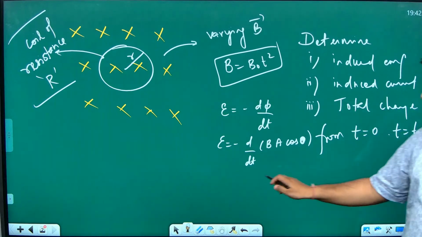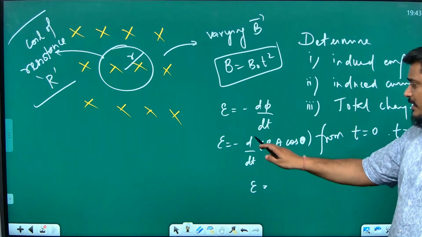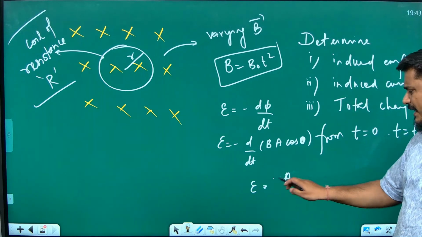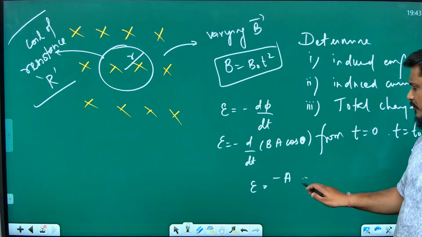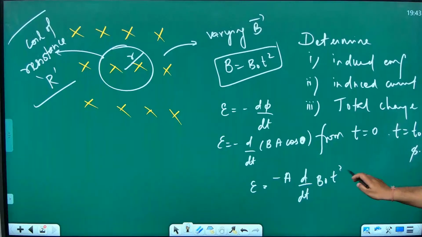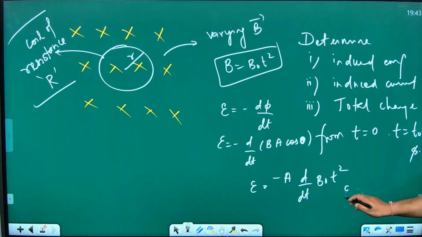So you are going to get E is equal to minus A, d by dt of B. What is B given as? B naught into t square, isn't it? So what will be EMF then? Minus A into B naught into 2t.